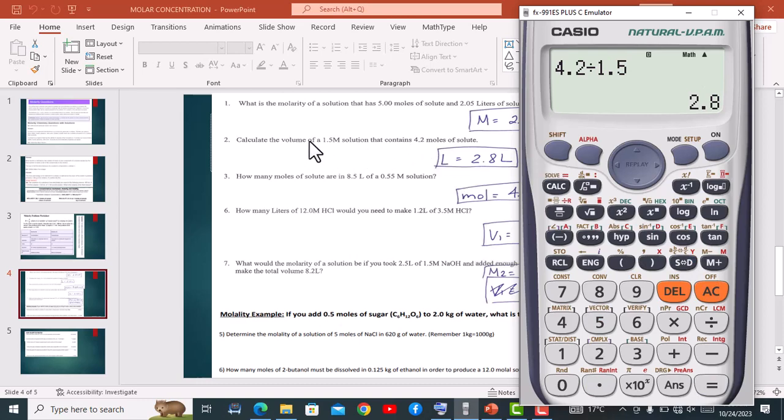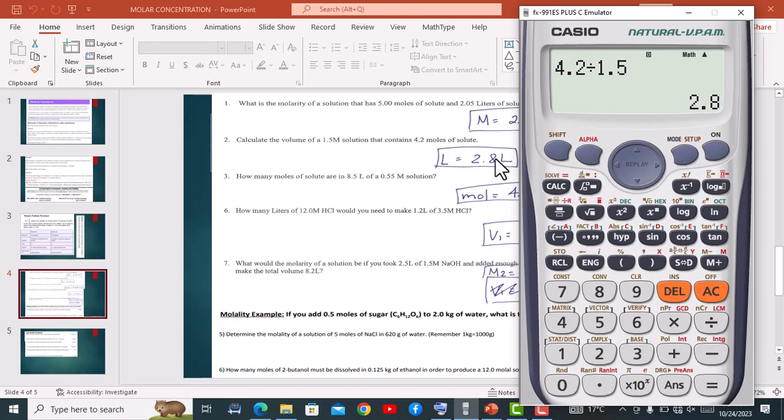This is very, very important here. Calculate the volume of 1.5 concentration solution that contains 4.2 moles of the solute. Somebody might say liters here, or somebody might say 2.8 kilograms, because the concentration can be given as moles per liter or moles per kilogram.